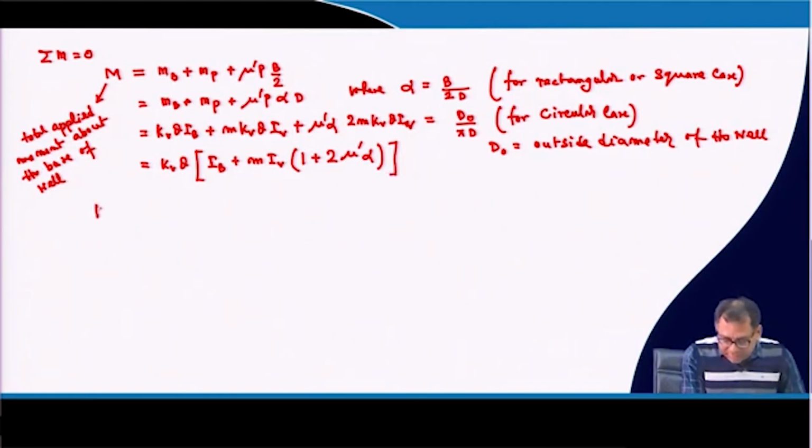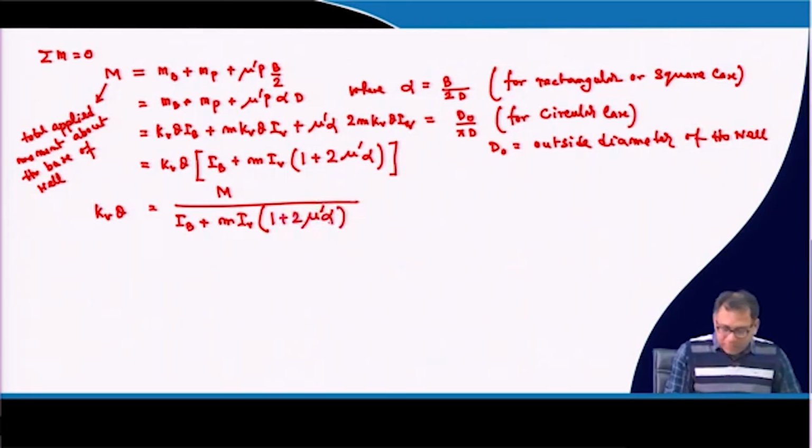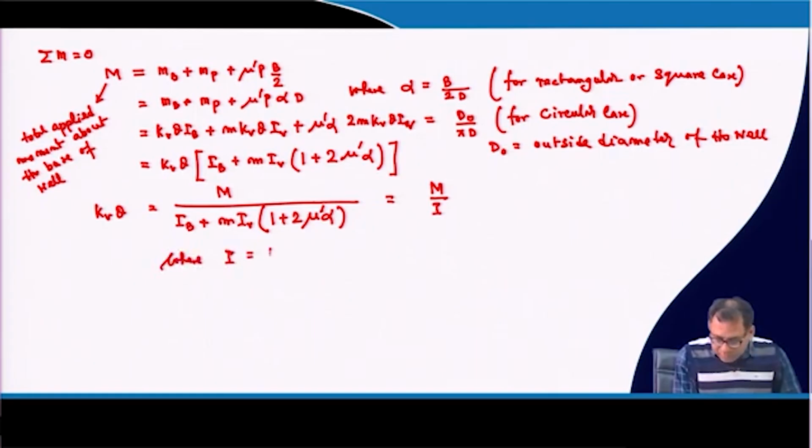So, we can take kV theta, that is equal to M divided by IB plus m IV, then 1 plus 2 mu dash alpha. That we are taking as M by I, where I is equal to IB plus m IV, then 1 plus 2 mu dash alpha.